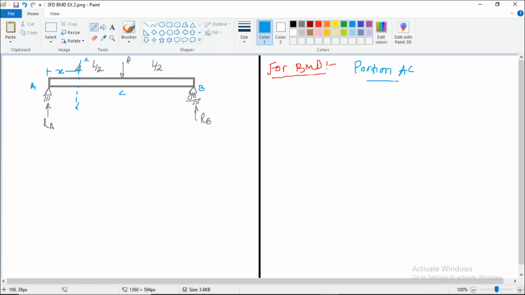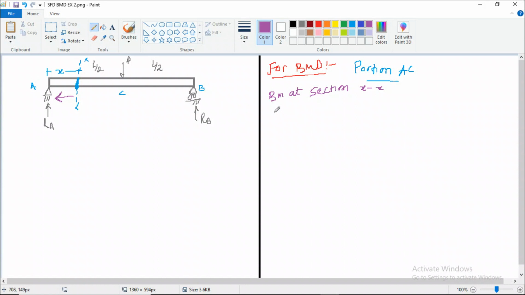Then the bending moment at XX. Now here we need to find out the bending moment at this section XX, either from the left hand side or from the right hand side. So let us consider bending moment from the left hand side force only, because there is only one force.